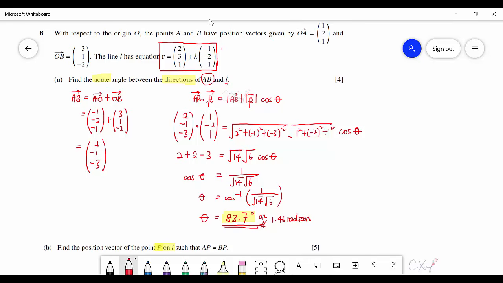So if I want to write out the position vector OP, since I know that P lies on the line, I can assume that this lambda can be some other variable.